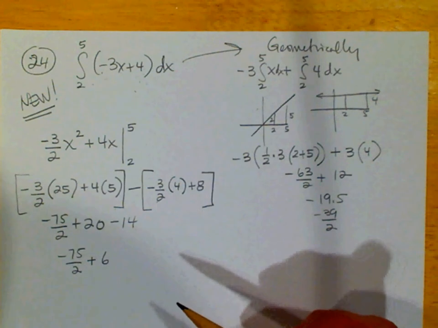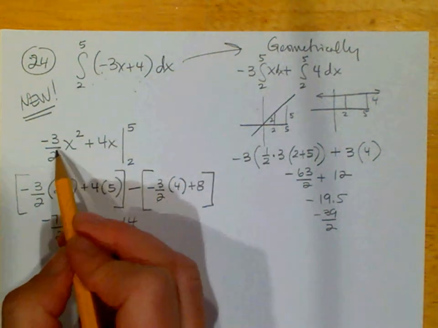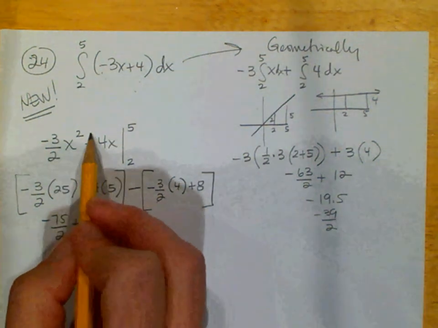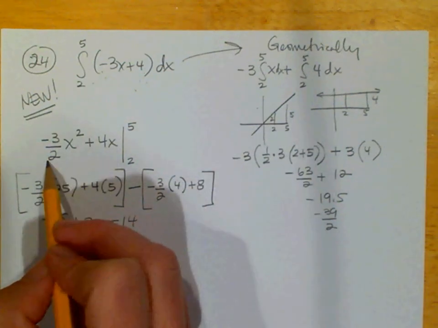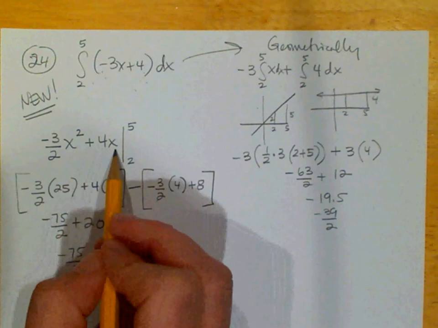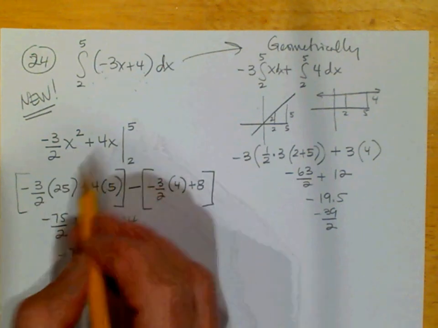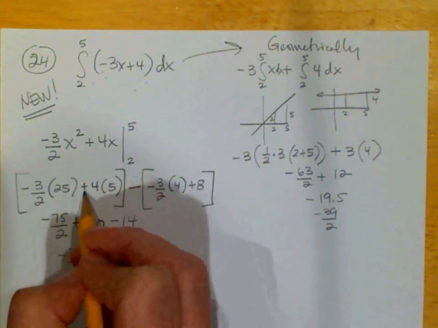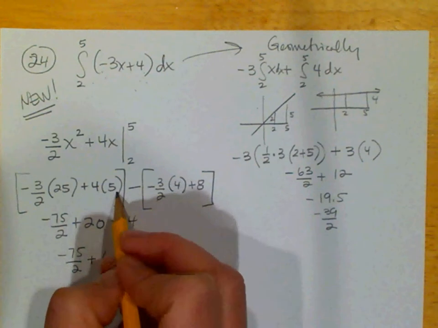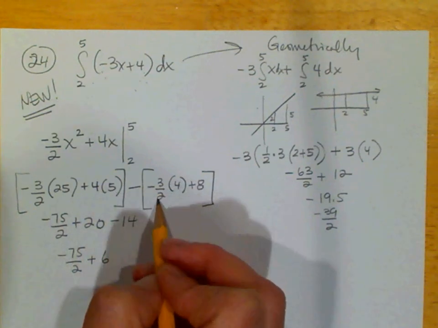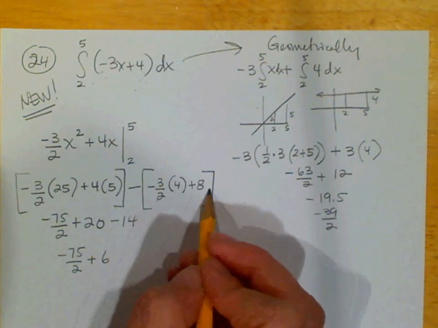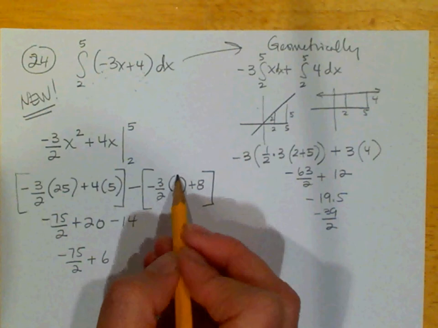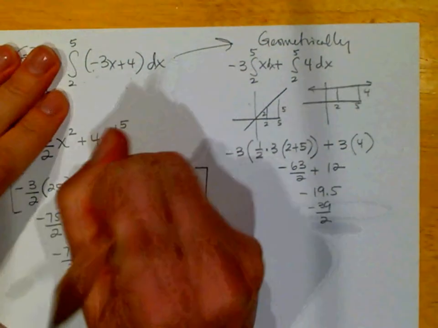Oh, foo. Raise that to a power. Got it. That's negative 3/2 x squared plus 4x. We're going to go from 5 to 2. It's negative 3/2 times 25 plus 4 times 5 minus negative 3/2 times 4 plus 8. Oh, here it is. I missed the negative sign, didn't I? Okay.